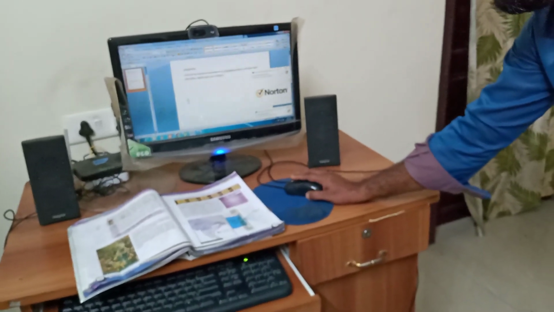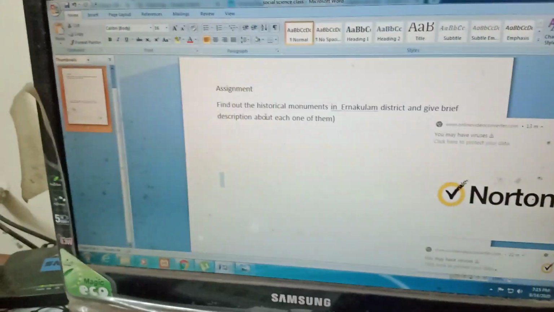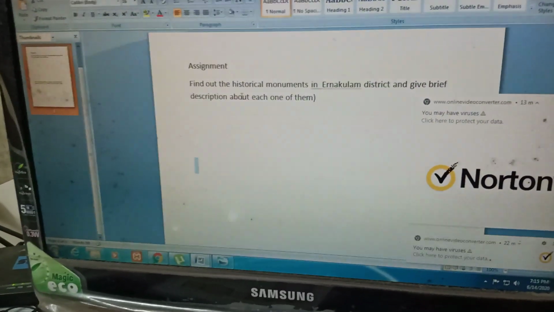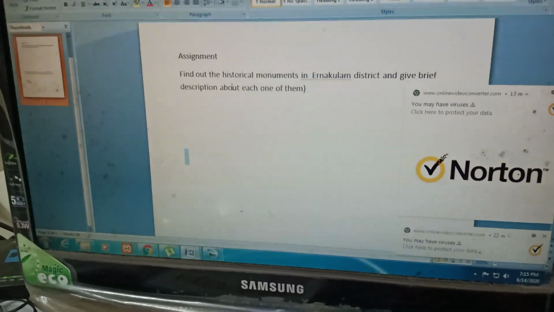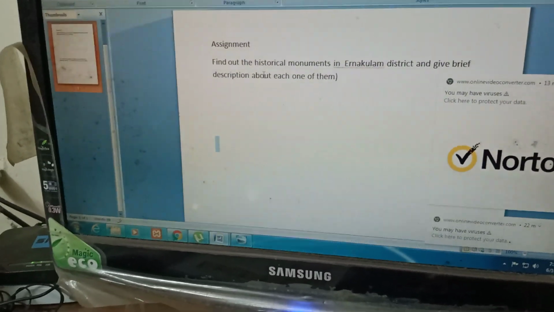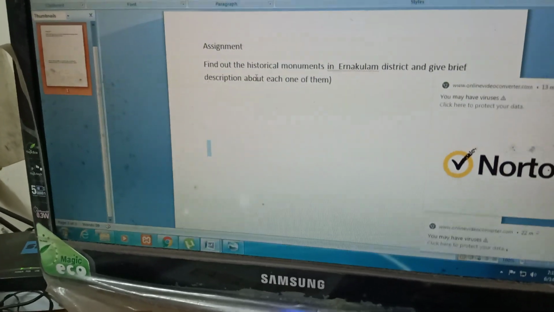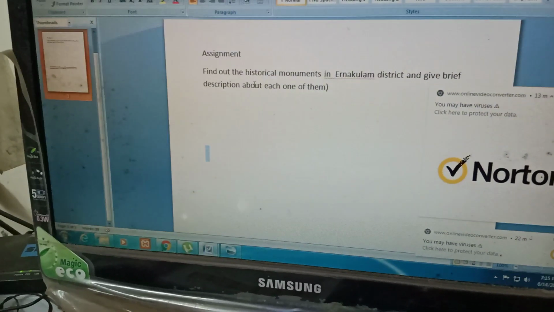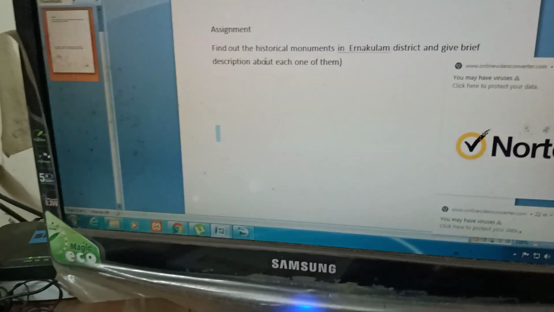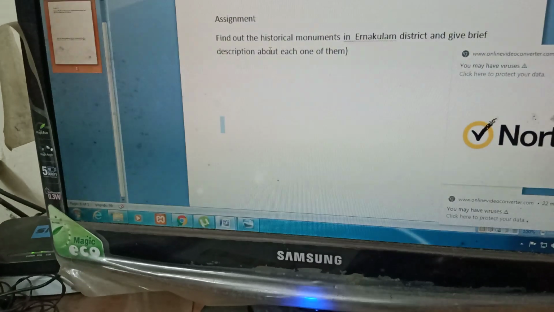Your assignment is to find out the historical monuments in Ernakulam district and give a brief description about each one of them.